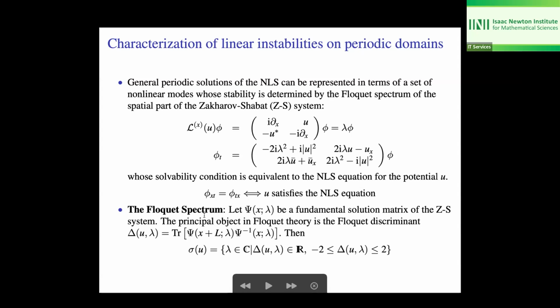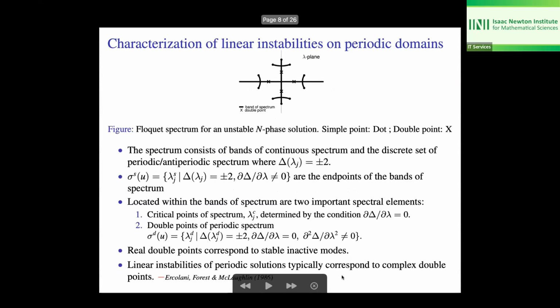And our spatial operator Lx is not self-adjoint. And so in this case, the spectrum is given by all complex lambda such that delta is real and bounded between plus and minus 2.